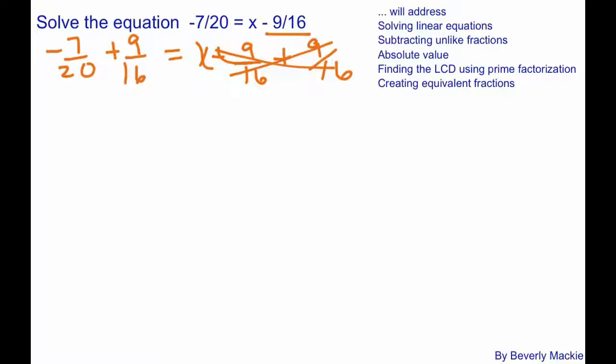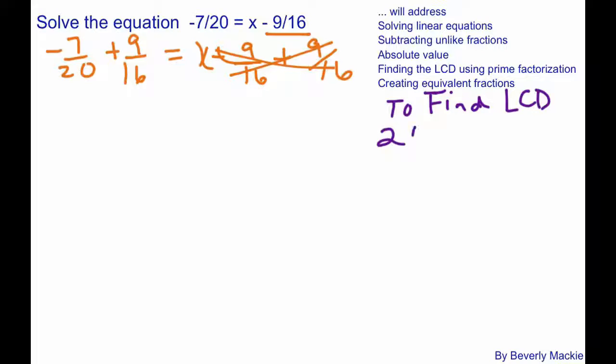So we're going to go to the side and determine our LCD, because those numbers are too large. I don't know it off the top of my head, so that's okay. We will just pull out one of our math tools, prime factorization, and figure it out.